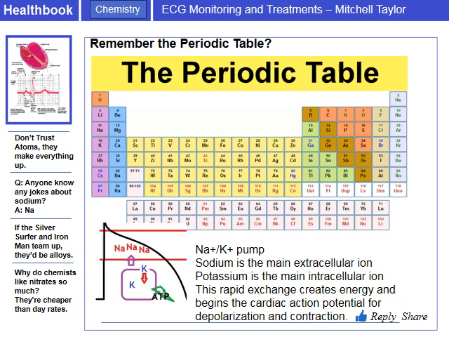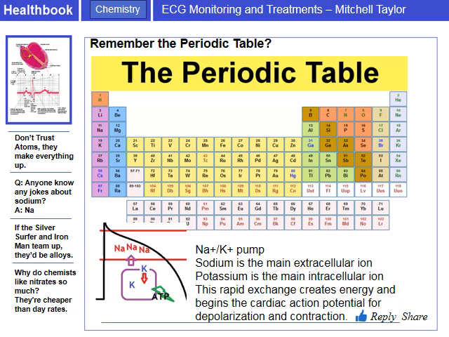But if we're talking about different perspectives, what is our main intracellular ion inside the cell? That's potassium. And what's our main extracellular ion, or in the vessel? That's sodium. Well, what happens here in the cardiac tissue is we have what they call an action potential that forms when we have this rapid exchange of sodium and potassium.